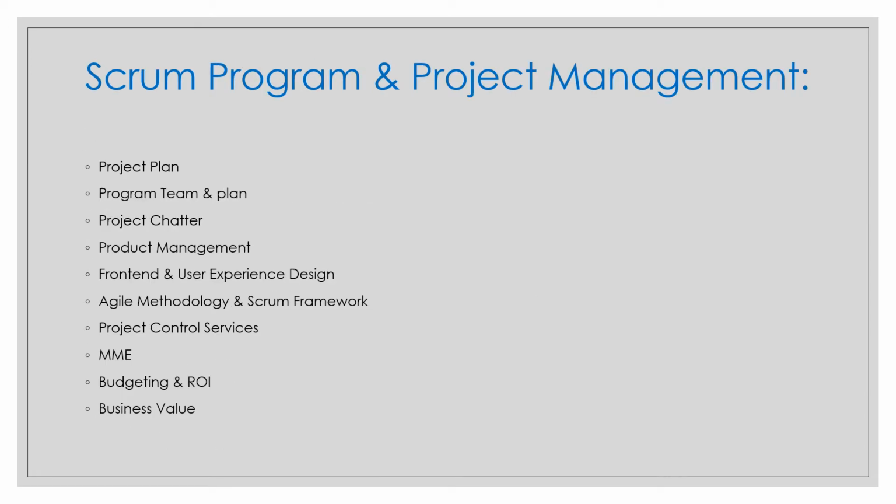Okay, so before we start with the course, let me give you an overview of Scrum program and project management. We work on multiple tools, Abacus, a smart SharePoint tool and a Microsoft roster management tool. There are multiple tools you can work around. I have worked on and have exposure to these, where we take care of project control services, the RRD creation, the requirements in a Scrum, and capacity planning, so how much capacity should be there for the cross-functional team.